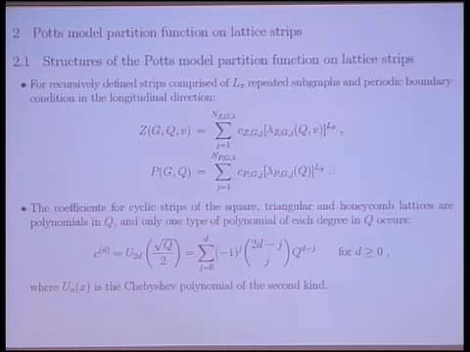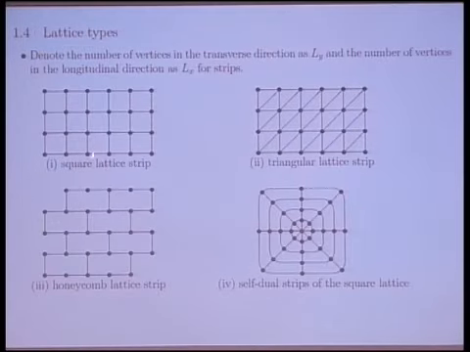As this strip repeats itself, if we consider cyclic boundary condition, this is just a tree, right? And another tree, and have this bond connecting them.